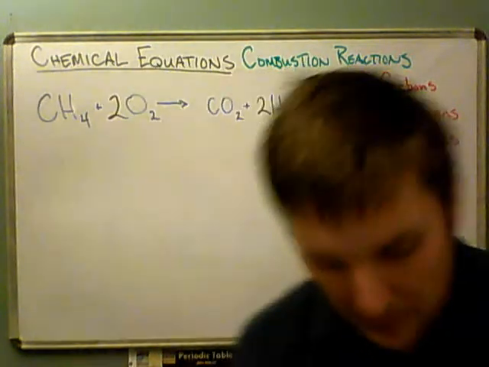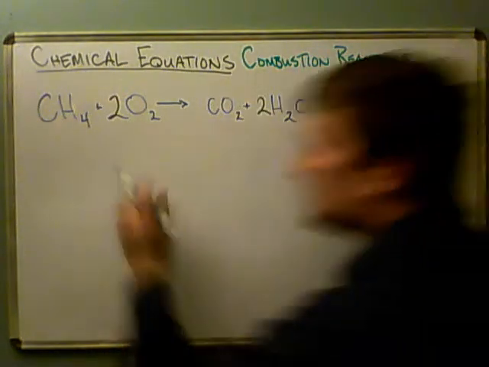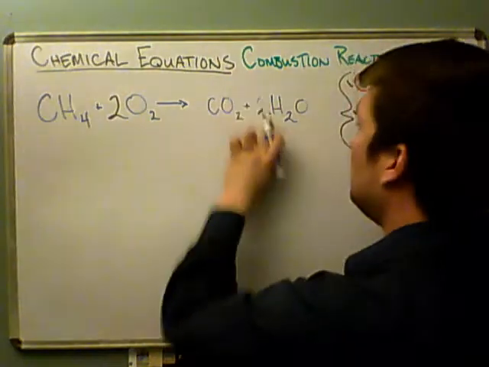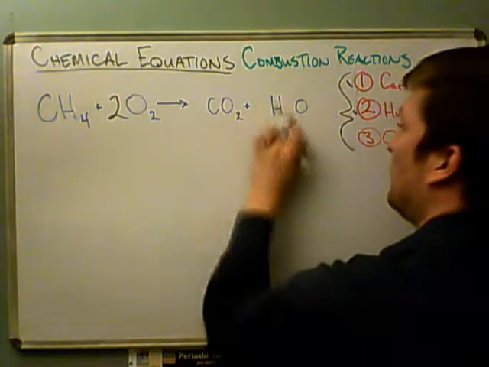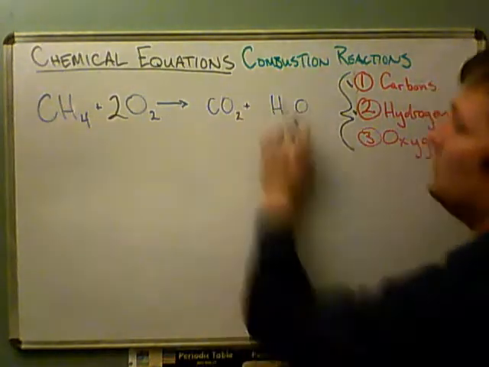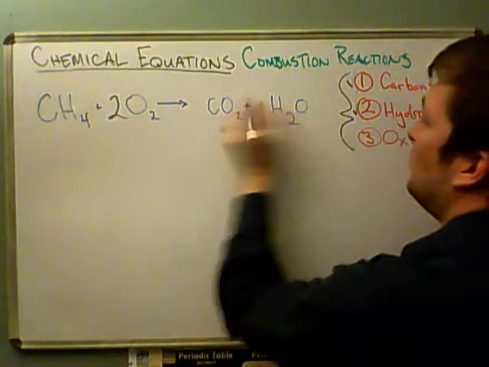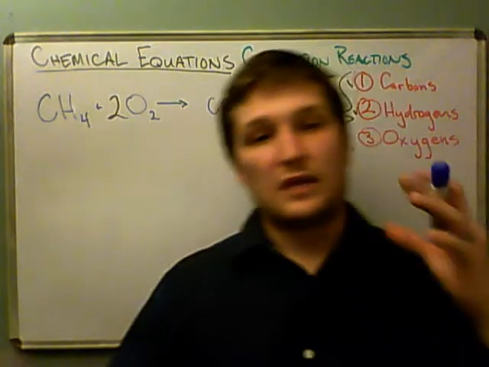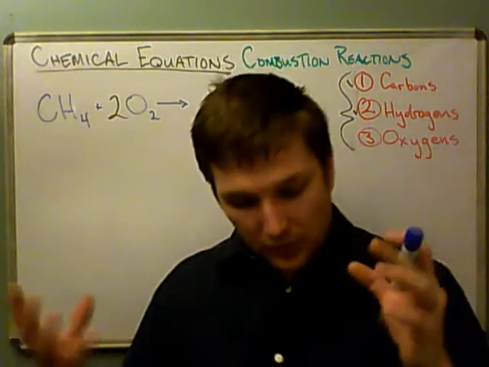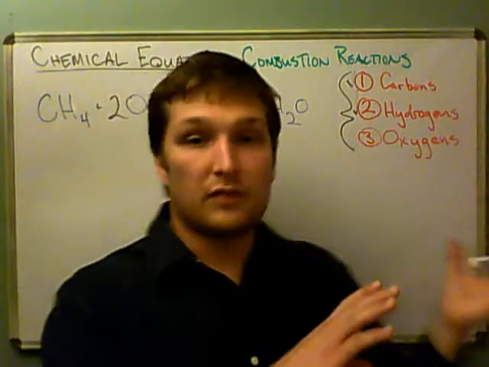When you go to balance a chemical equation, it's really tempting to just say, oh, well, I need another hydrogen over here, so I'll just do this. You can't do that. You have to mess with the coefficients only, because if you get the right number, then you will end up with the right number of products.